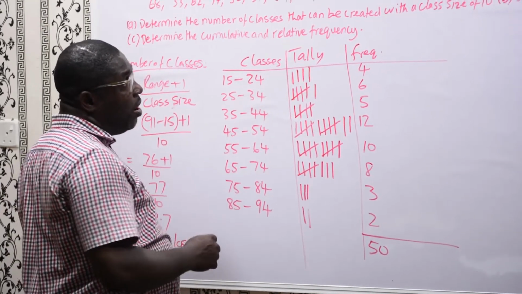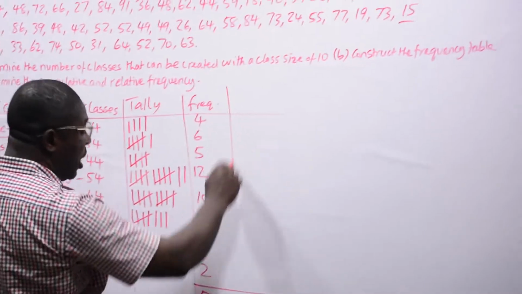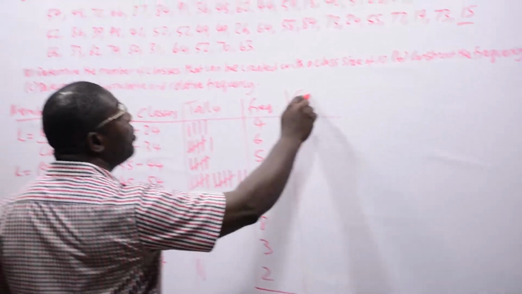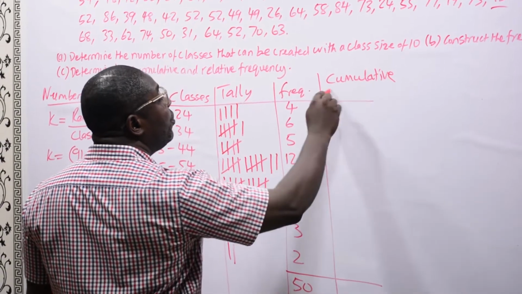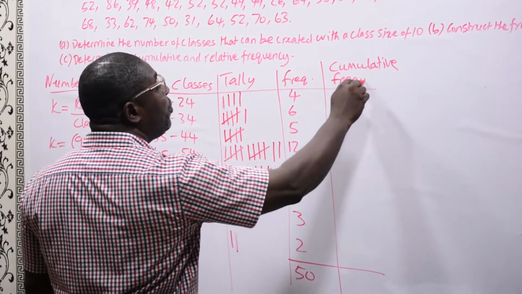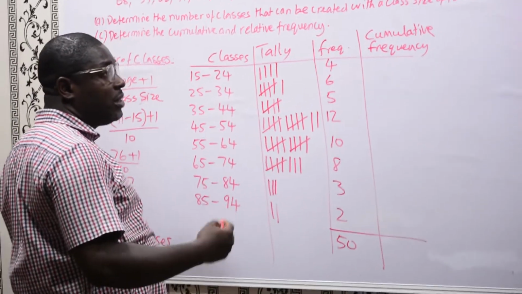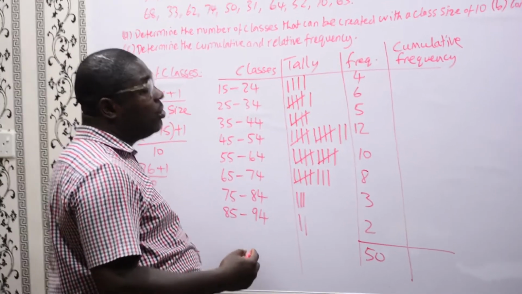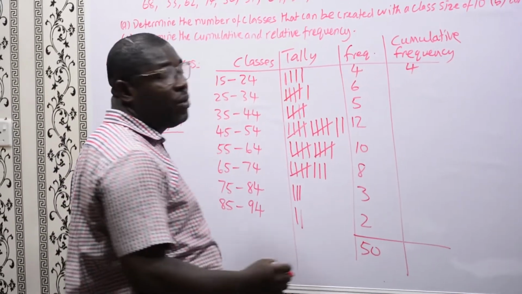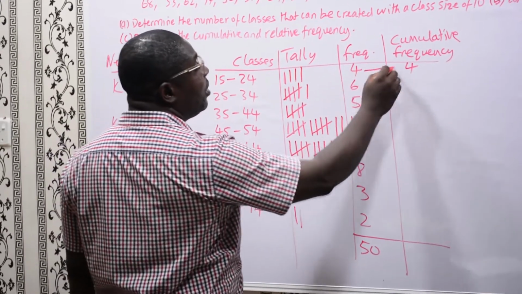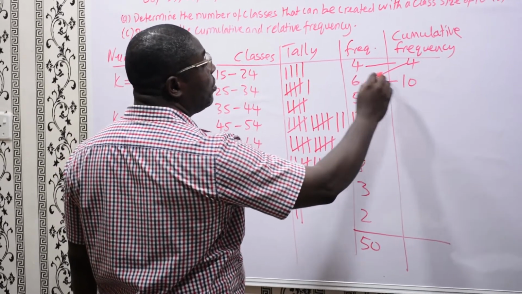We have done the frequency table now. Let's now calculate our cumulative frequency. Cumulative frequency is adding each frequency up at each level. So the first cumulative frequency will be 4. Then we add 4 to 6 to have 10.